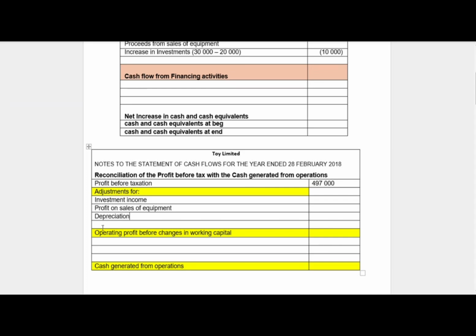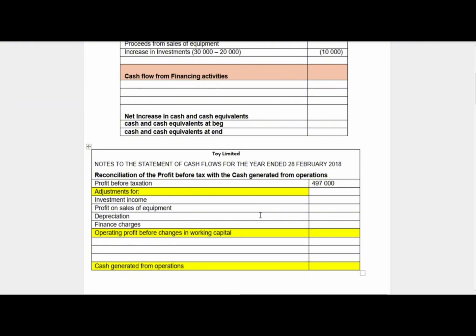We also have finance costs, right? We also have finance cost or finance charges, okay?